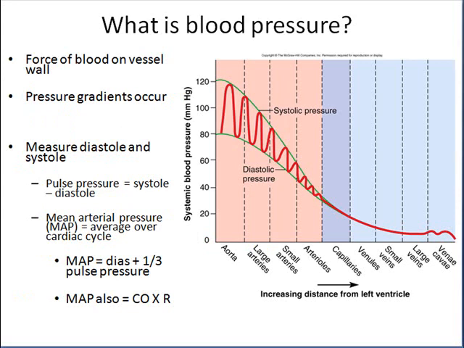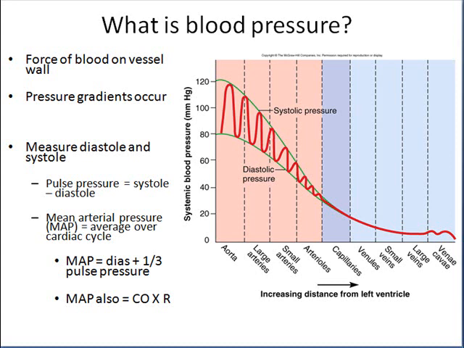And this graph that you're looking at is going to show you how blood pressures change over the course of the systemic pathway. So imagine you're a blood cell and you have just been ejected out of the left ventricle.